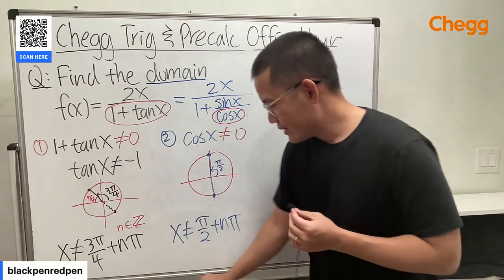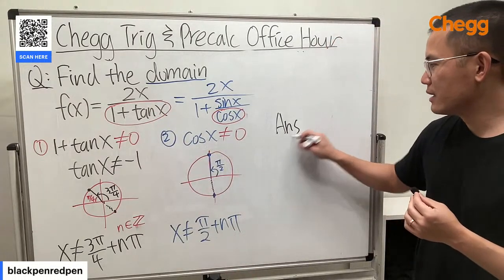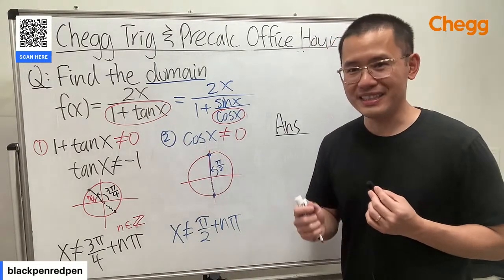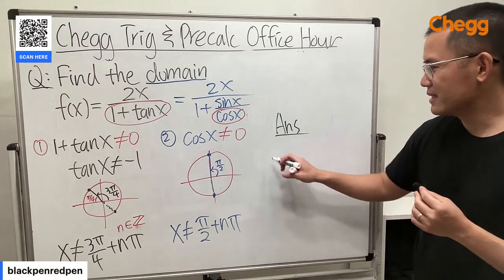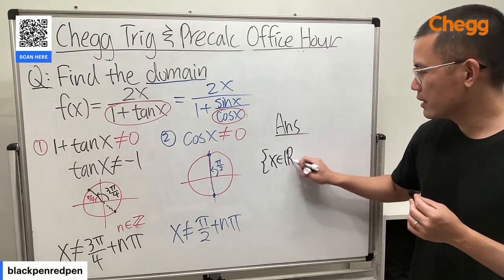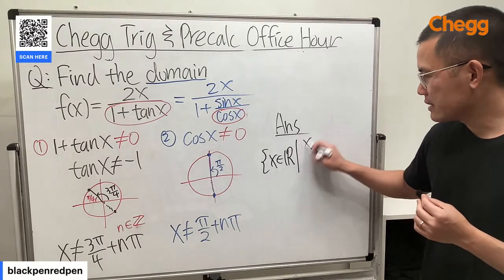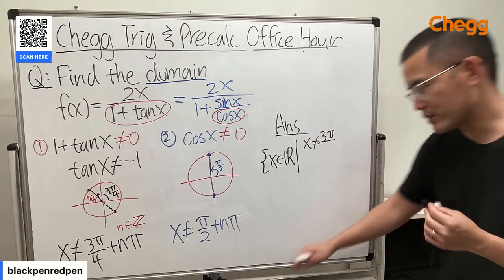Okay? So for this function, for the answer, I'm going to write this down. It's a set. So I'm going to write it down like this. The set builder notation, x real number, such that x cannot be 3 pi, oh, sorry.